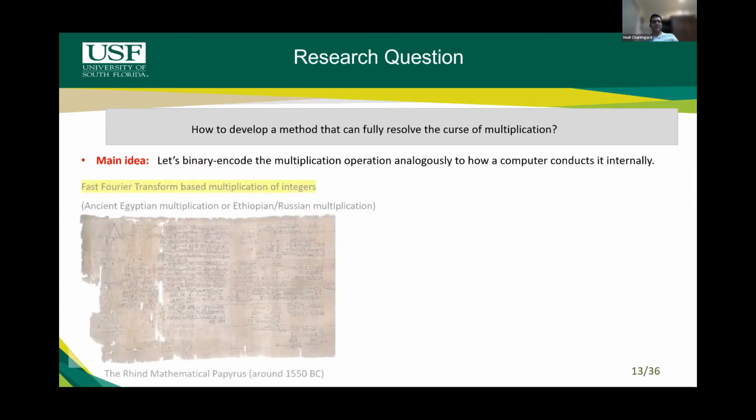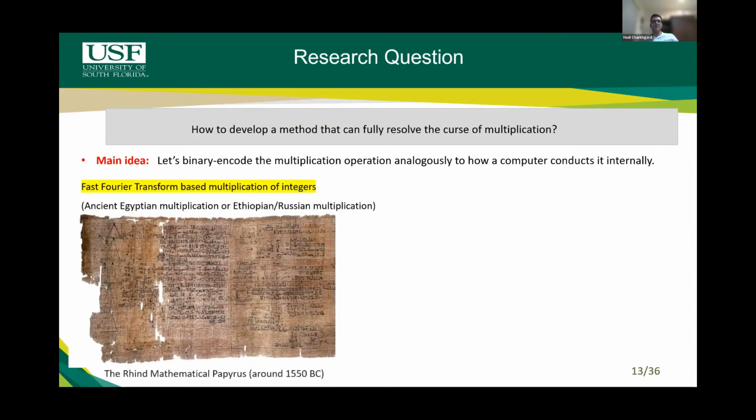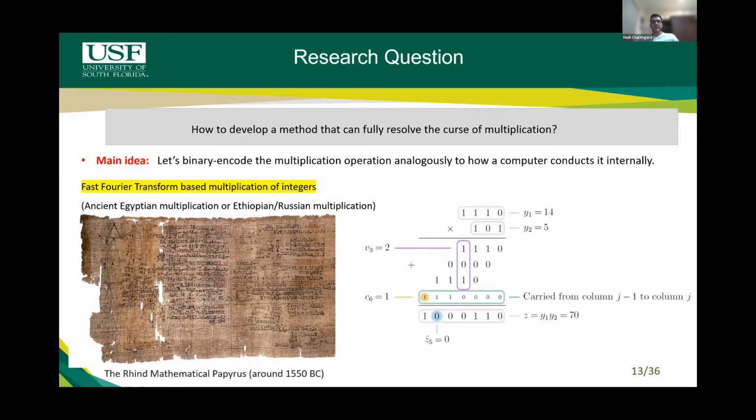Basically, our idea is to use the fast Fourier transform-based multiplication of integers, which is closely related to the ancient way of conducting multiplication that has roots back to around 1500 BC. I'm sure that you're all familiar with that type of multiplication. Here's just an example.